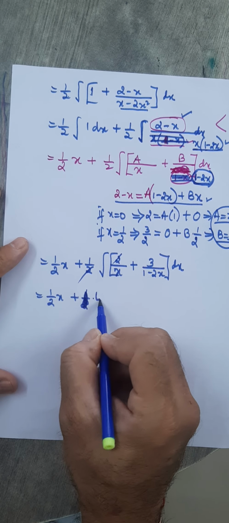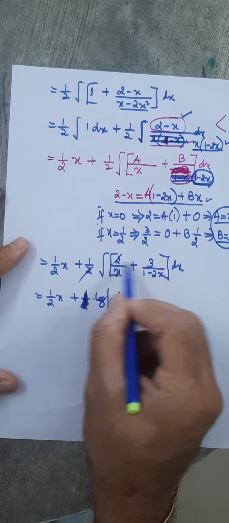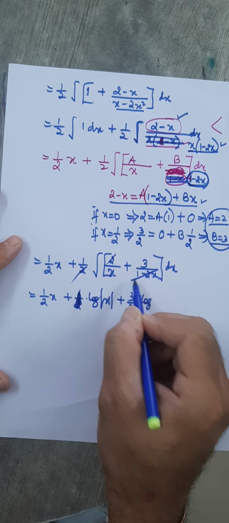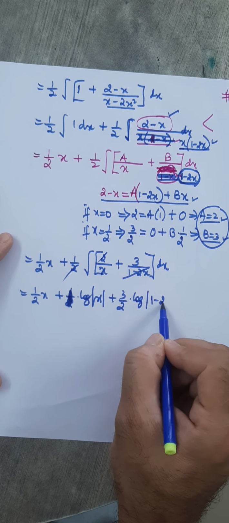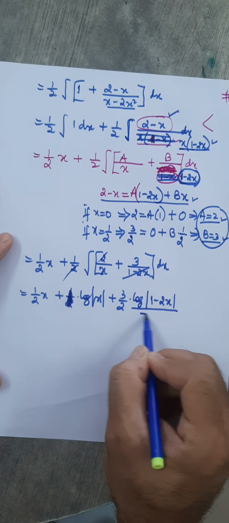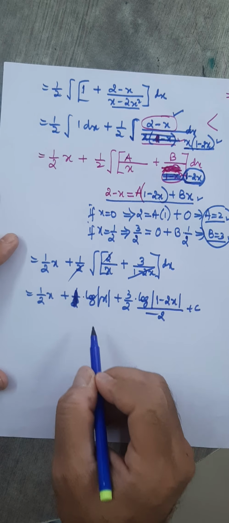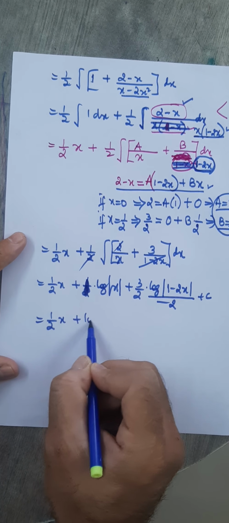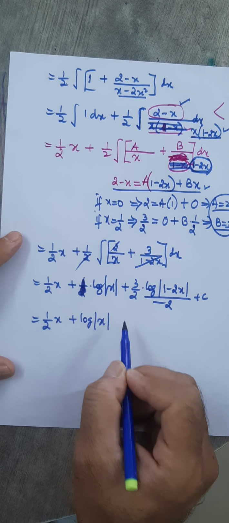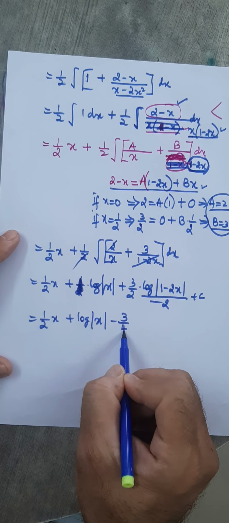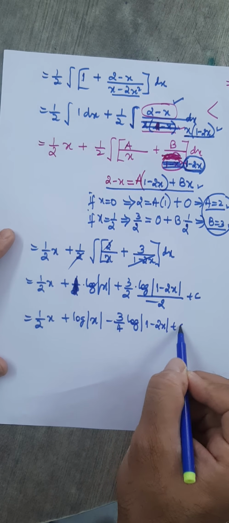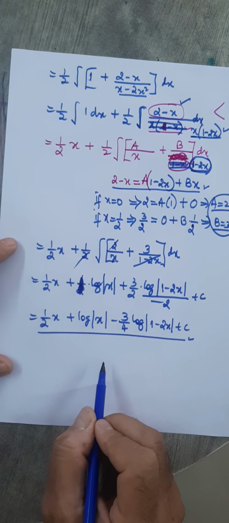So here this is log of mod of x plus 3 by 2 into log of mod of 1 minus 2x upon the coefficient of x, which is minus 2, plus c. So 1 by 2x plus log of mod of x minus 3 by 4 log of mod of 1 minus 2x plus c. This is the required integral.